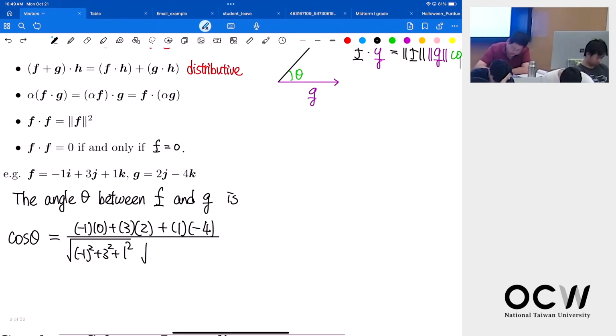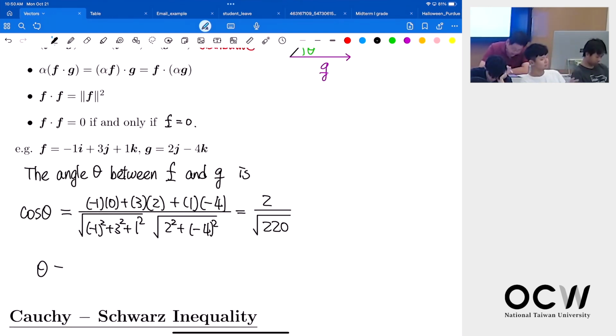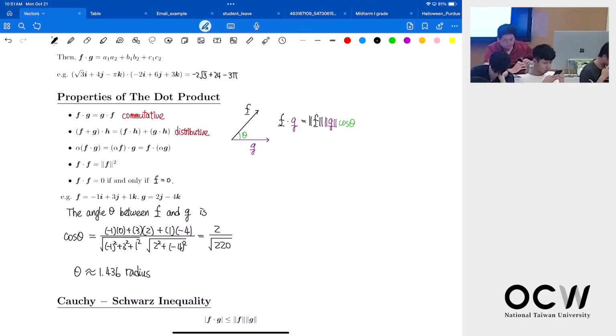Here we have 2 squared plus 1 squared, oh no, minus 4 squared. I get 2 over square root of 220. So you can get the theta. Theta is around 1.436 radians.